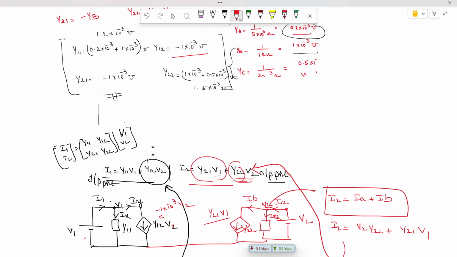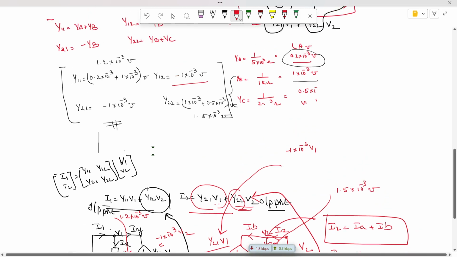Next, the value of Y11 we have got is 1.2 into 10 to the power minus 3 mho. And the value of Y21 is minus 1 into 10 to the power minus 3, times V1. And the value of Y22 is 1.5 into 10 to the power minus 3 mho.